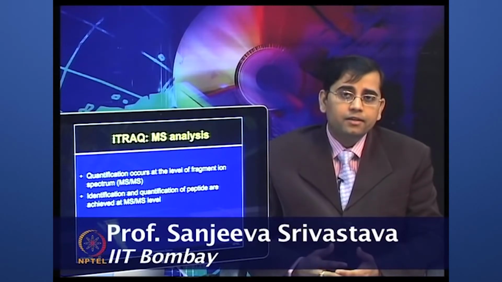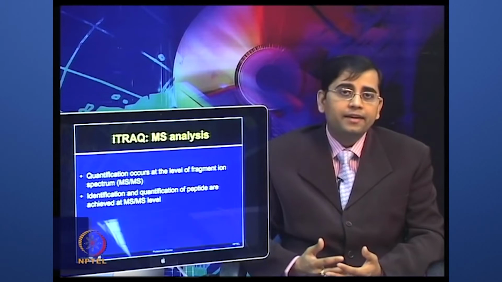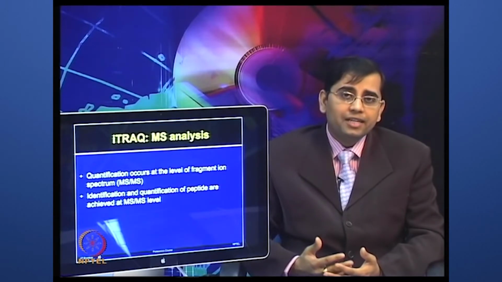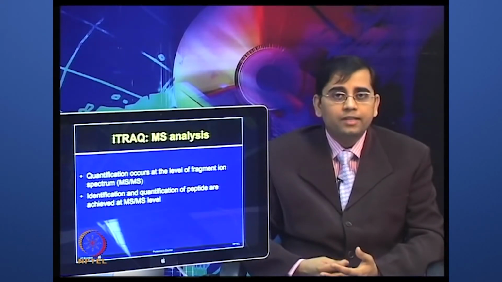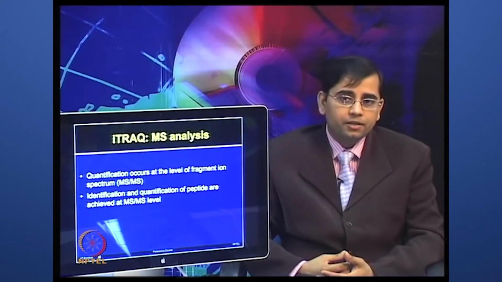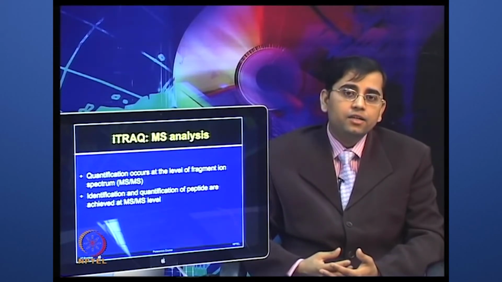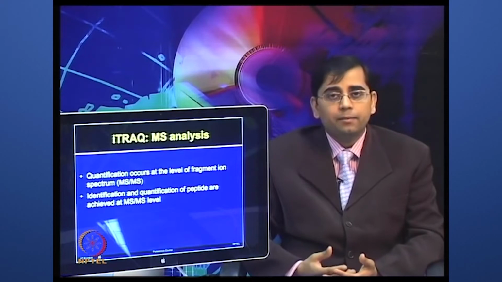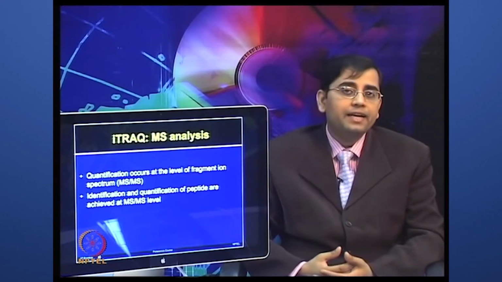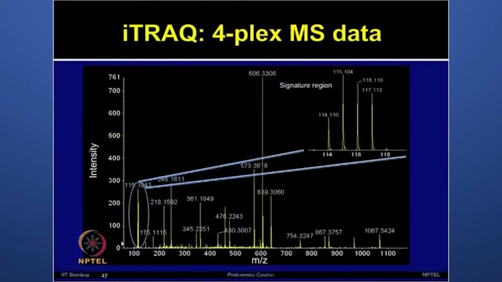It reduces the redundancy in selecting MS precursor ions for collision-induced dissociation and enhances the efficiency of MS/MS analysis and peptide identification. So, this is a representative spectrum for the 4-plex iTRAQ experiment.